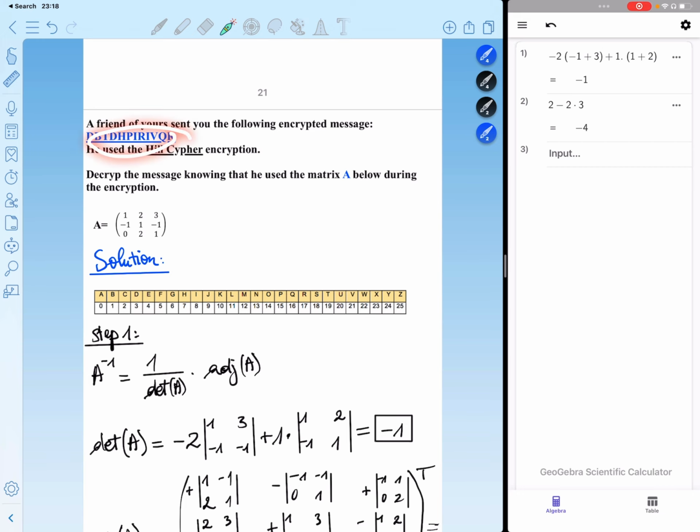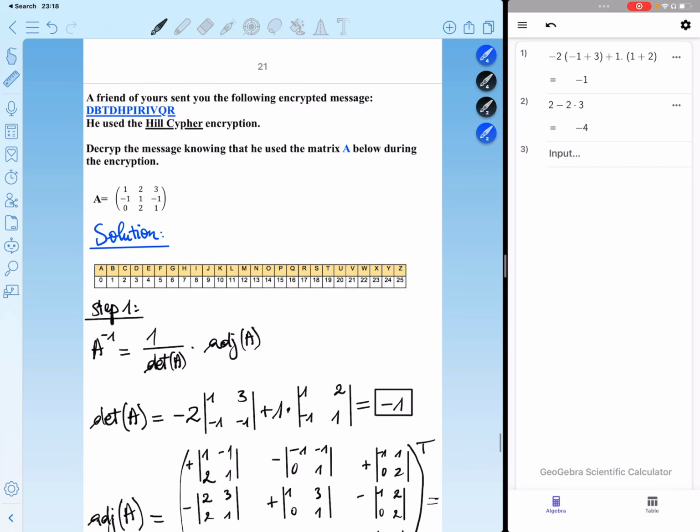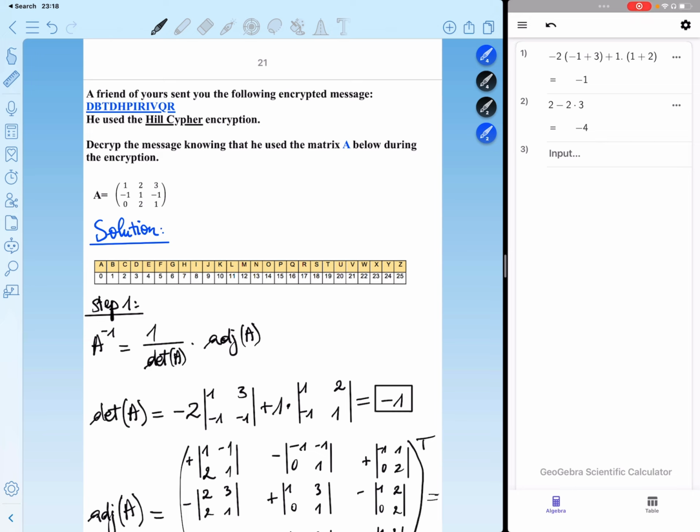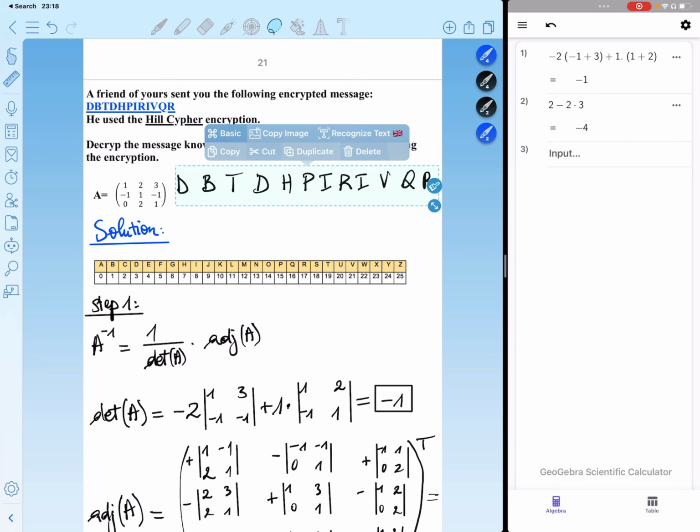This message. So in step 2, I'm gonna write my message down, which is D B T D H P I R I V Q R. Let me copy my message down.